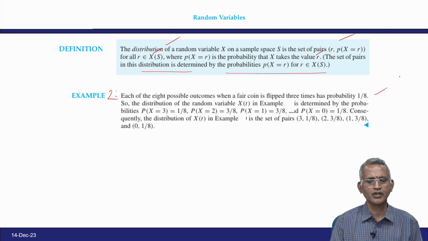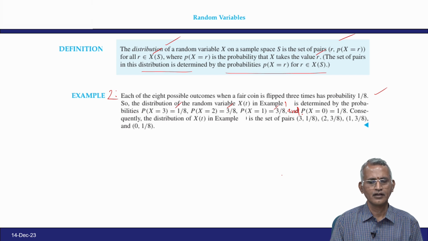So, the distribution of the random variable X(t) in the previous example 1 is determined by the probability of X = 3 equal to 1/8, the probability of X = 2, meaning 2 heads occurred, is 3/8, 1 head occurred is 3/8, and the probability of X = 0 is equal to 1/8.